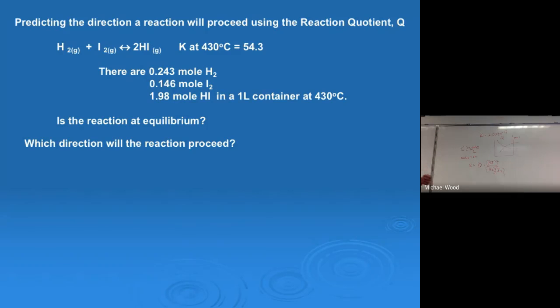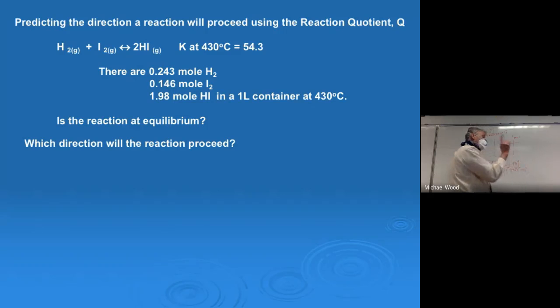So if I just plug in the numbers, I've got 1.98 squared, so I just plugged in HI, over 0.243 times 0.146.